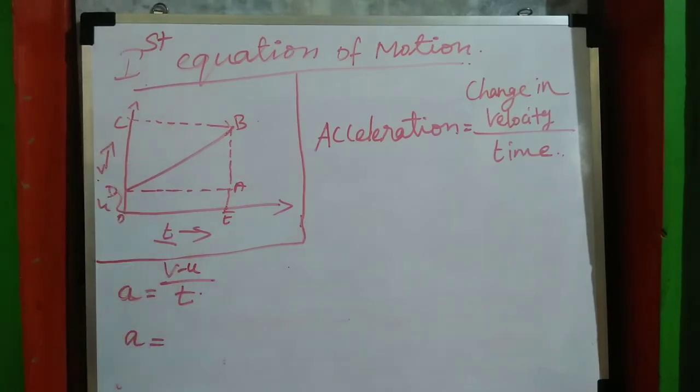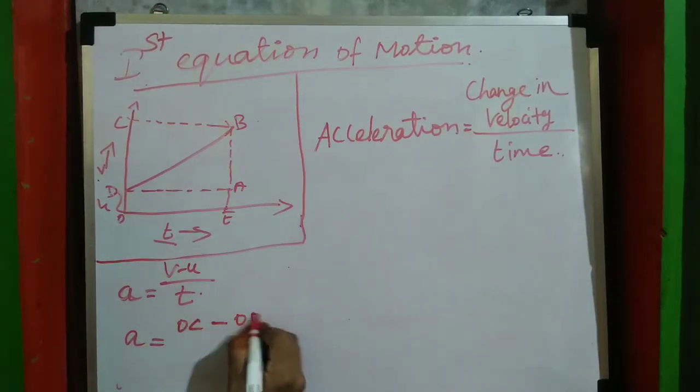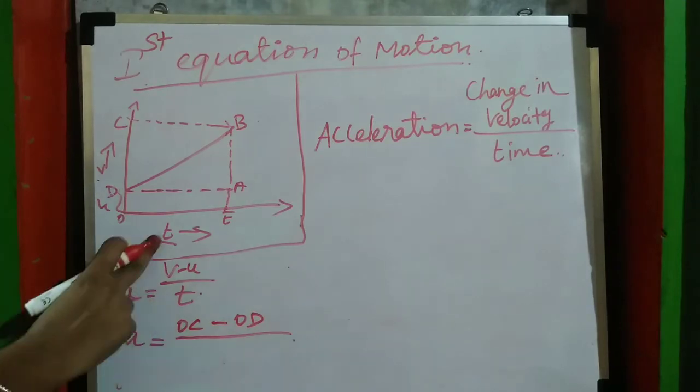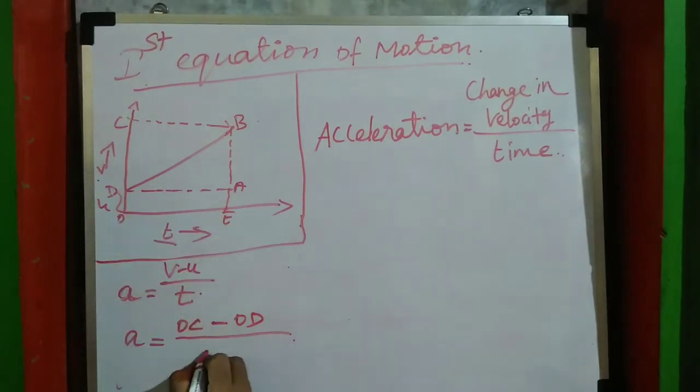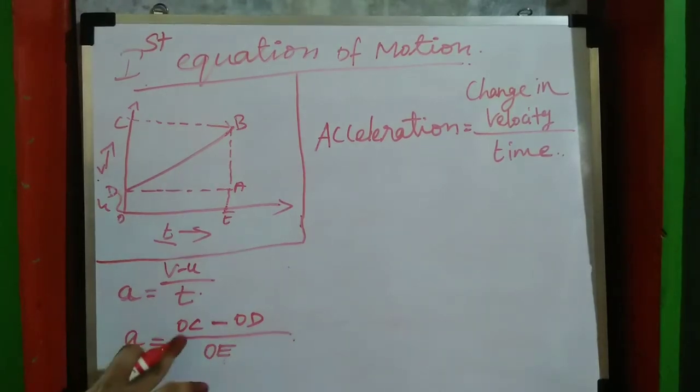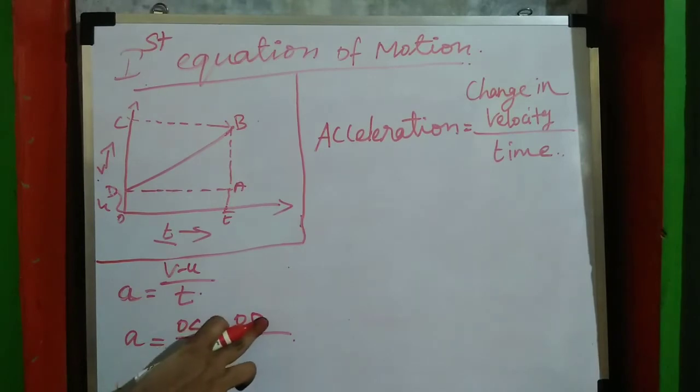Now write OC minus OD, divided by time, which is denoted by OE.